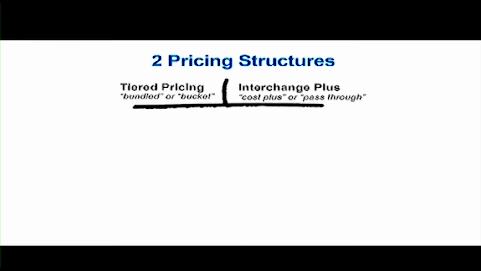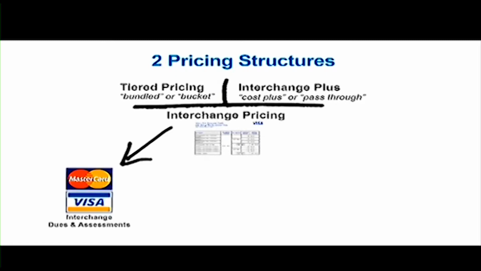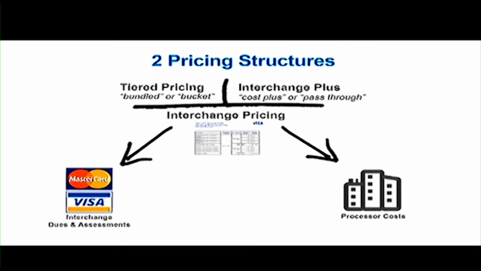In order to compare these two pricing models, let's first look at how the two pricing structures are related. First off, interchange costs are at the core of both pricing models. The fees for any given transaction are broken down into two main categories: interchange costs, along with dues and assessments, and processor costs. Dues and assessments are paid to the card networks, which is Visa and MasterCard, and are the same for everyone as are interchange costs.